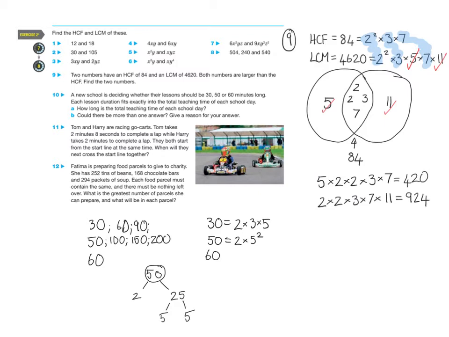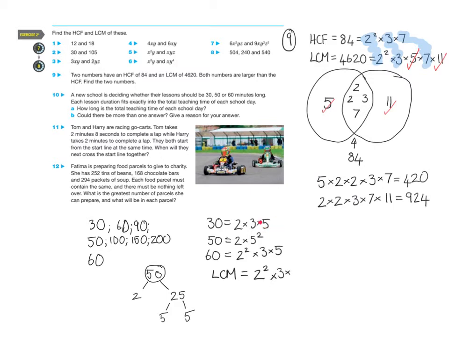Then 60 is going to be twice 30, so that means, there we go, times 3 times 5. So our lowest common multiple is going to be, if we look at the 2s, we have a 2, we have a 2, and we have a 2 squared, so we have to have 2 squared. Then I've got a 3 over here and a 3 over there, both to the power of 1, so I put a 3 as part of my answer.